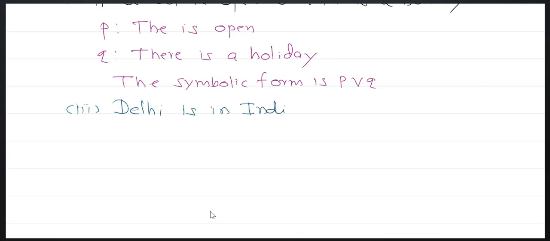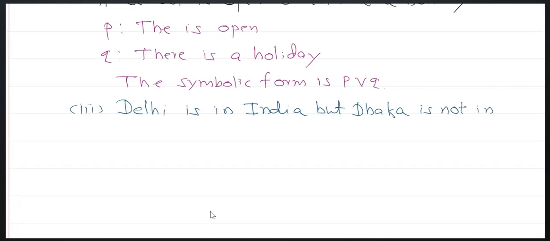Next is: Delhi is in India, but Dhaka is not in Sri Lanka.